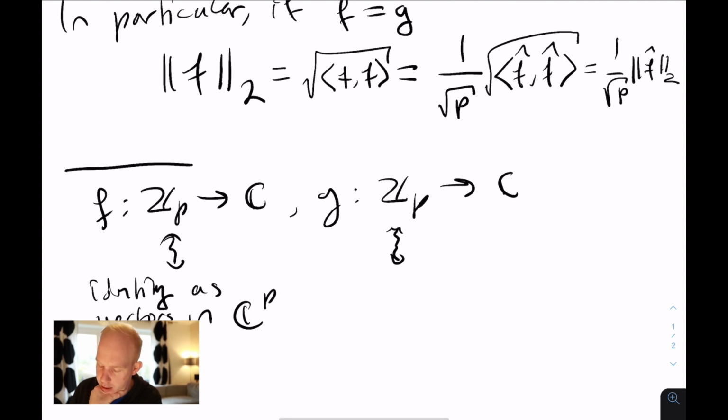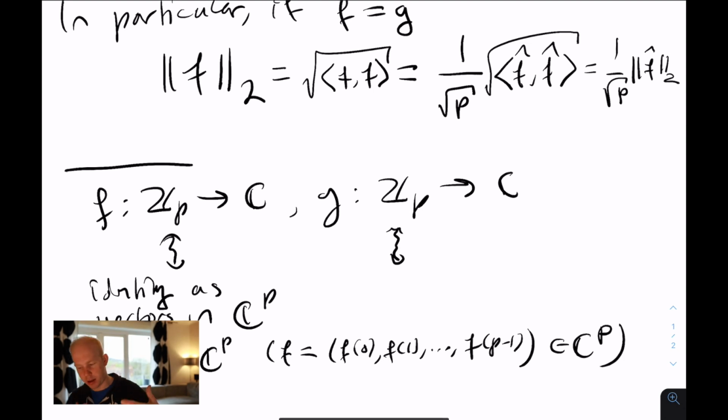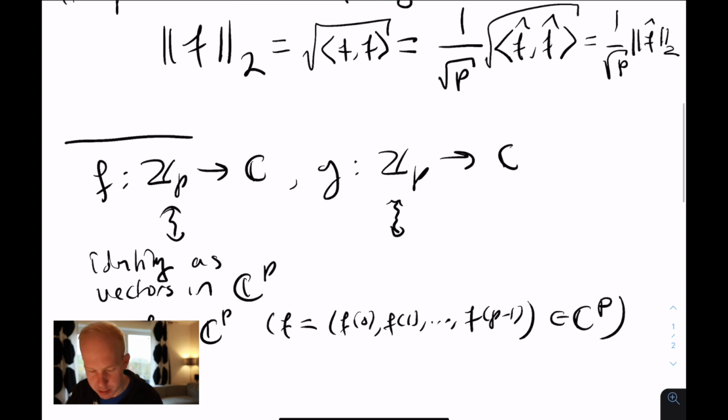You can think of f as the element with the value at 0, the value at 1, up to the value at p minus 1, which is an element of C^p. So it's an identification. And the reason I want to do this is because now you can think about this as a vector space: the complex plane to the power p is a vector space.